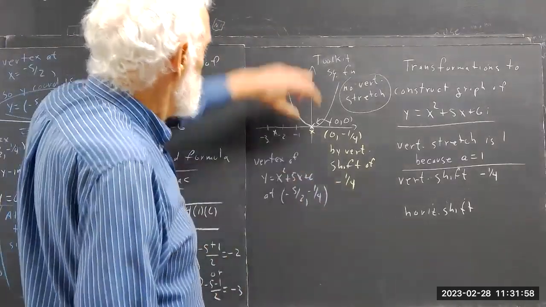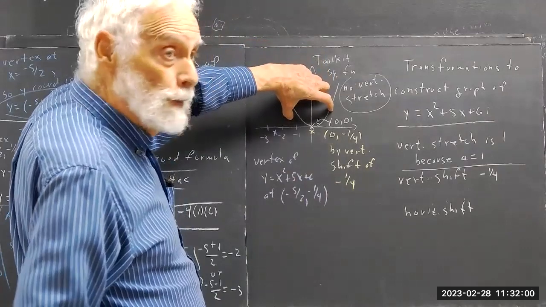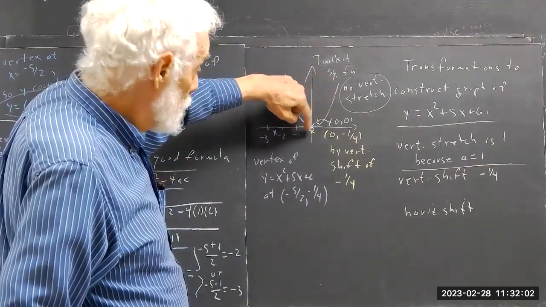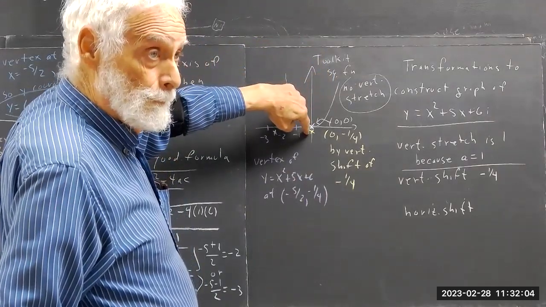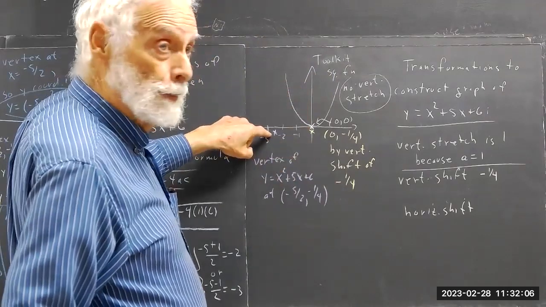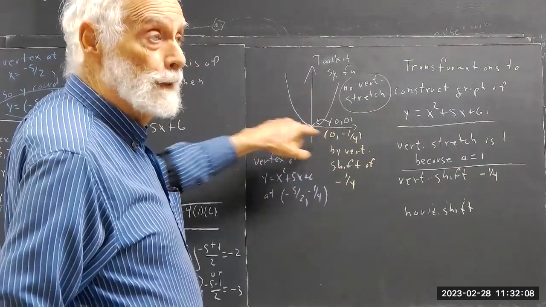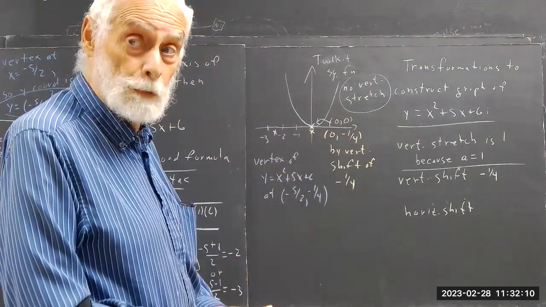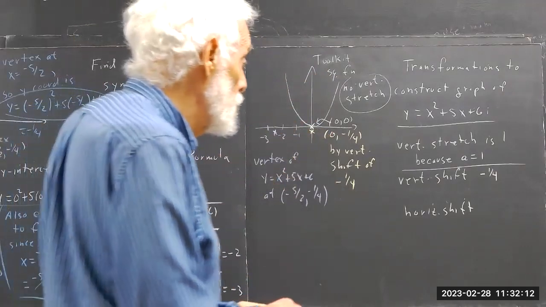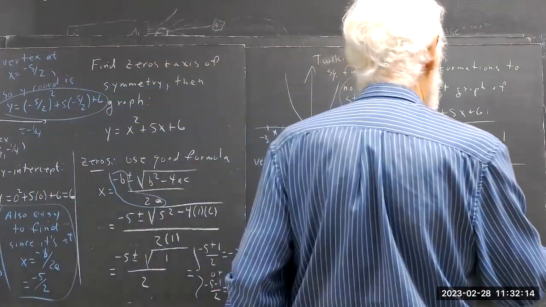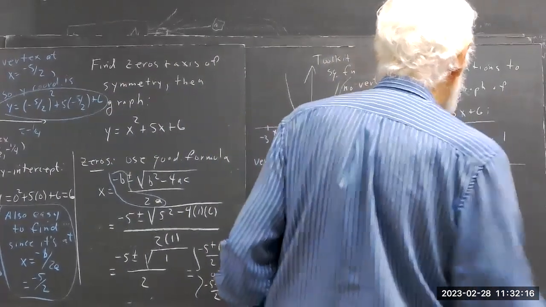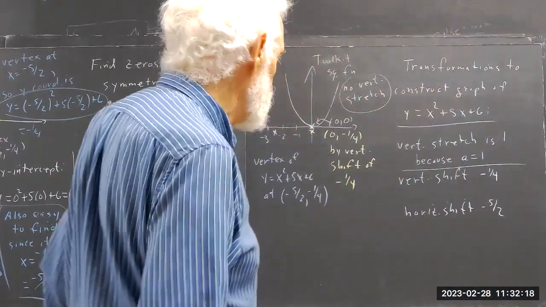Okay, so we take this whole graph and we shift it down a quarter, so the vertex goes to here. Then how are we going to get the vertex there? We've got to move it to the left 5/2 of a unit. That's why the horizontal shift is -5/2.